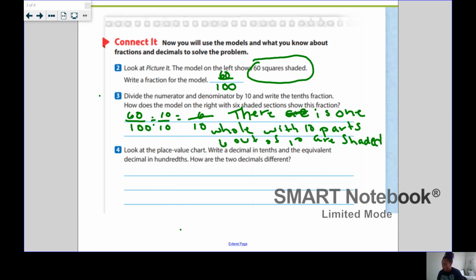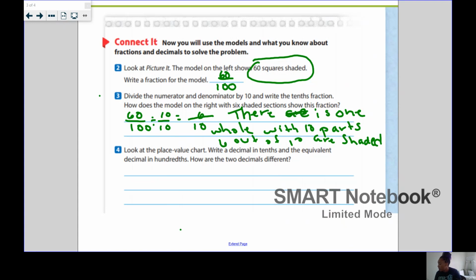And then for number 3, you can actually also say that the model is divided into tenths and 6 tenths is shaded. So that's the same thing that I had here. And then number 4, look at the place value chart.